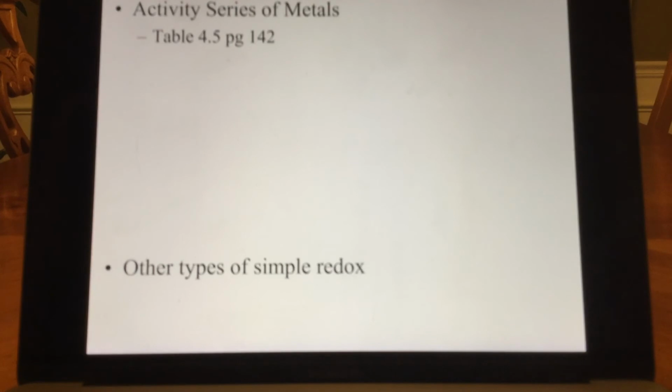And as we go towards the right side of the periodic table, the metals get less active. What this is really showing is how easily metals are being oxidized, because again, oxidation is losing electrons, and that's what we said ionization energy is doing, is how easily metals can lose electrons.